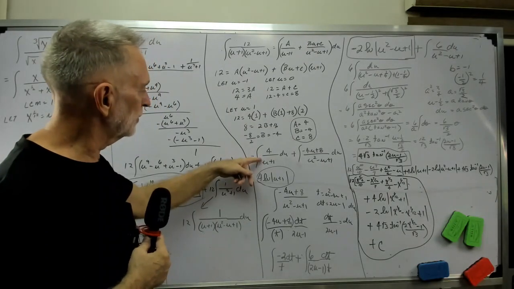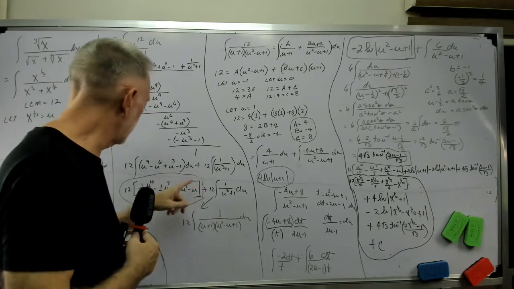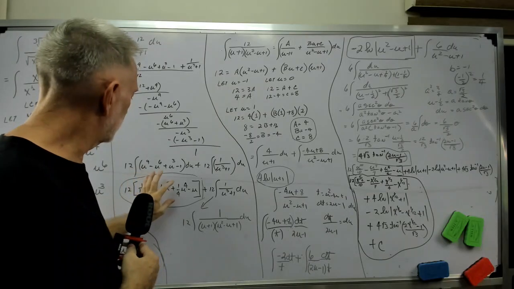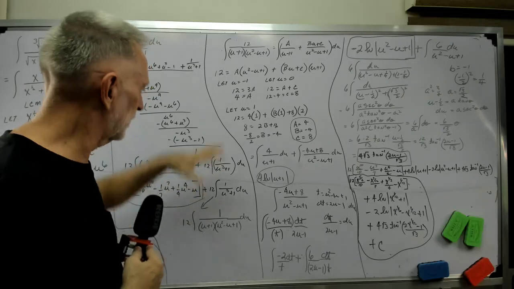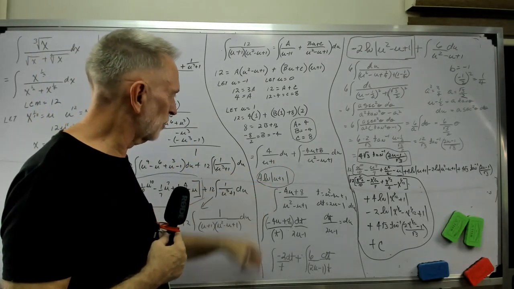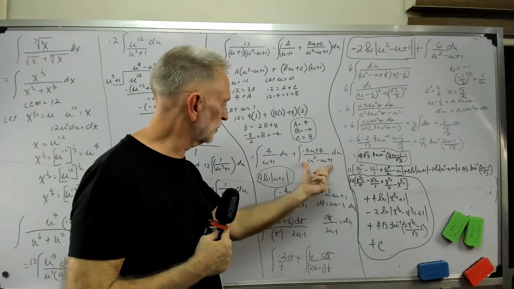This piece is easy. That's 4 times natural log of u plus 1. Oh, and by the way, I've been circling the piece that's solved. At least it's in the u world, and we'll have to take it back to the x world later. So here's another piece of the equation.